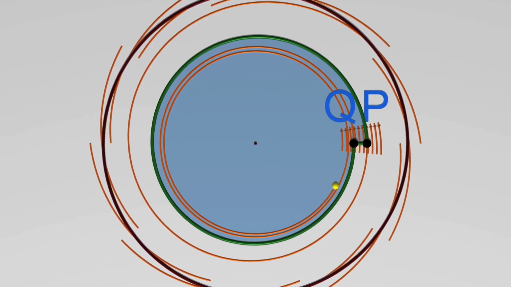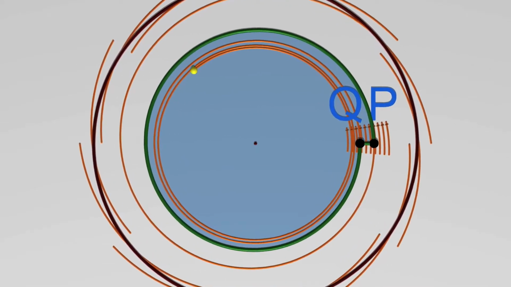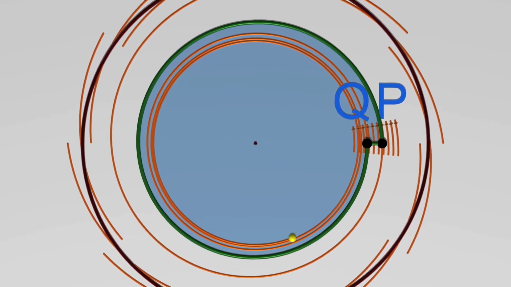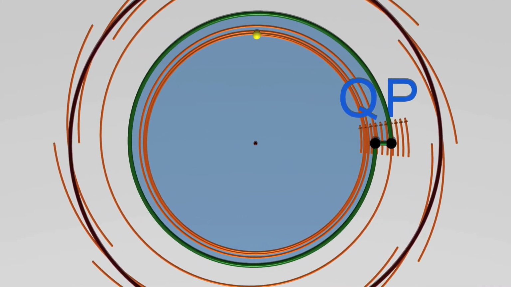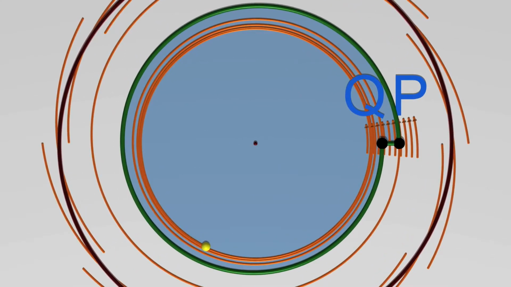It's trapped. In order to exit, it should cross the arc PQ. However, two trajectories cannot cross. Why not? Well, if two trajectories pass through the same point, this would contradict the Cauchy-Lipschitz theorem. There is only a single trajectory through any given point.